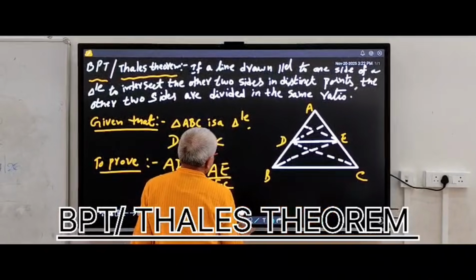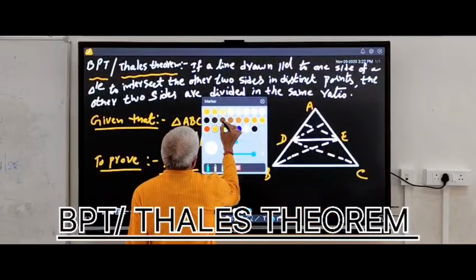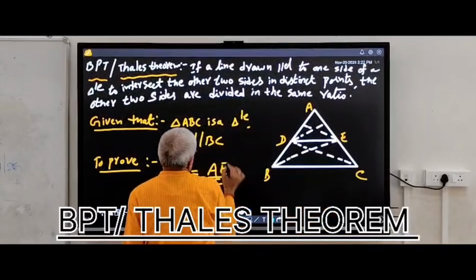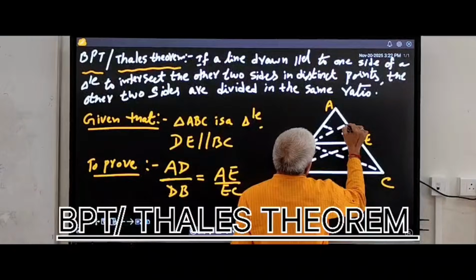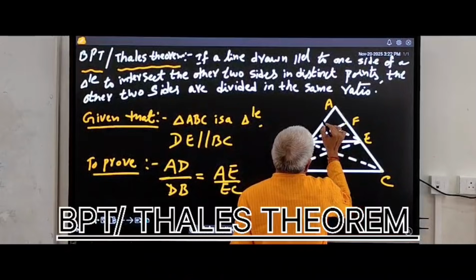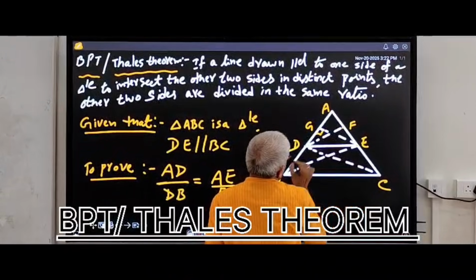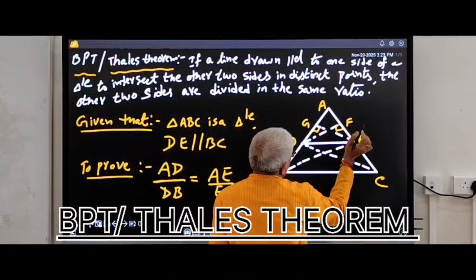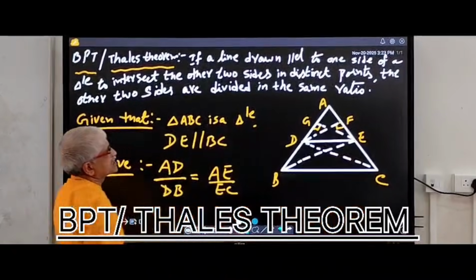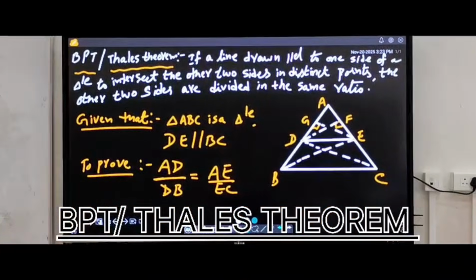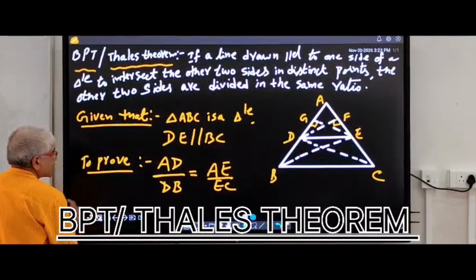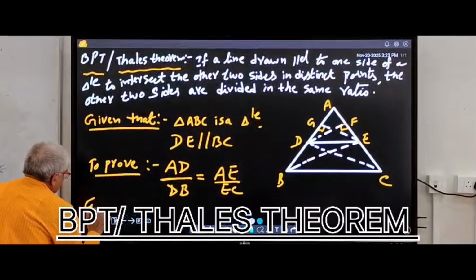Let me name them. This is F, this is G. How have I constructed? This height makes 90 degrees, and this height makes 90 degrees with F. So that is what I did in the construction. Now let me draw the construction.